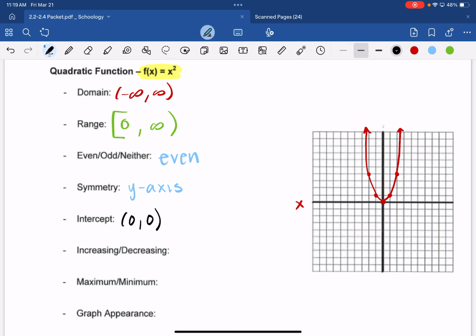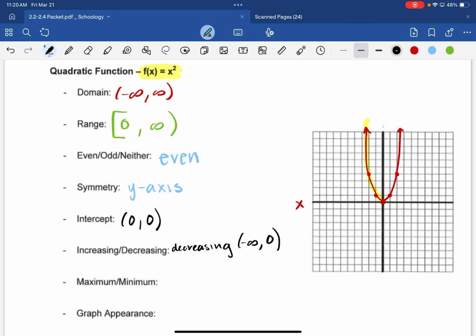And now when we talk about increasing or decreasing, remember we're thinking about intervals. If I look at this quadratic, remember we go left to right. So on the left side is where I'm decreasing. So I would say decreasing from negative infinity to 0.